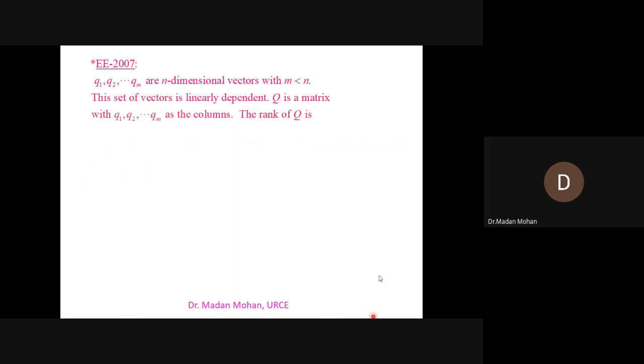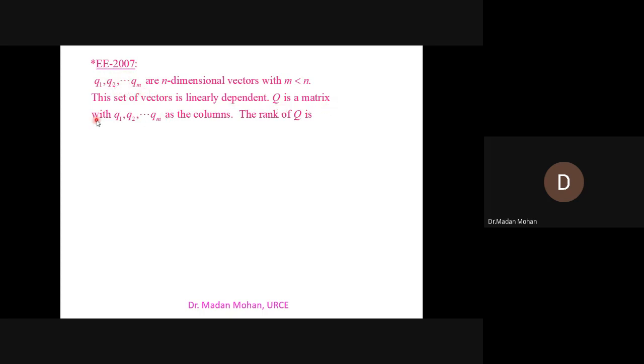Now observe this problem. The problem is given in notations. Q1, Q2 and so on, Qm are n-dimensional vectors. These are vectors. Each is not a number, but a vector, meaning row vectors or column vectors, with m less than n. This set of vectors is linearly dependent, given that these are dependent.